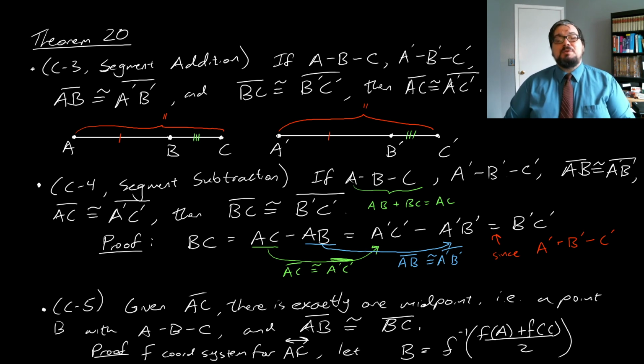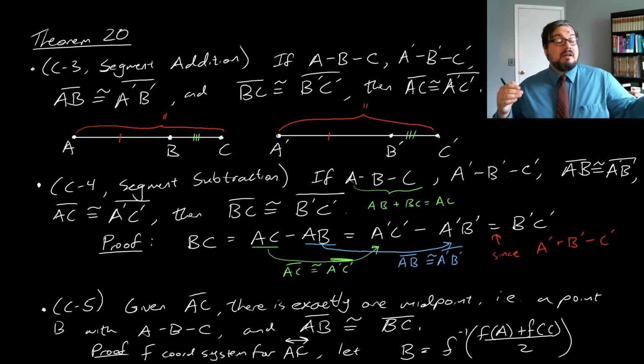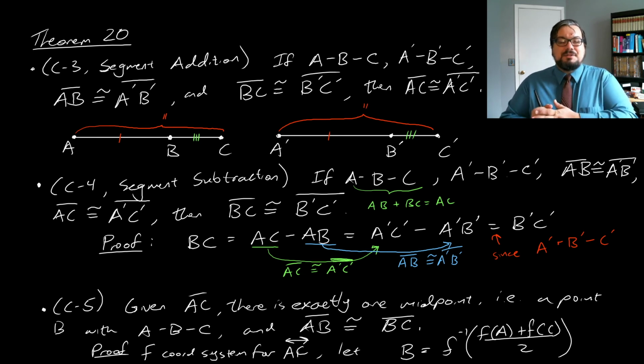So whatever the two endpoints are, they've got coordinates. Those coordinates are just numbers, and therefore those numbers have an average. There's a midpoint in the real number line. We can find that midpoint and then just say, all right, what point in the original line got mapped to that point, f of A plus f of C all over 2? Whatever that was, that's your midpoint.